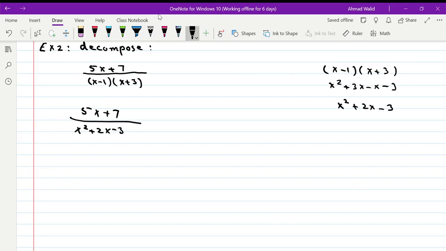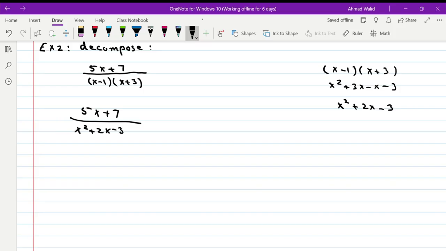Actually, I should put this one as step 1, but because in your book they don't have this step, they don't explain it this way, I just follow your book. If your denominator is not given in factored form, please factor the Q of x. Please factor the denominator first, correct?